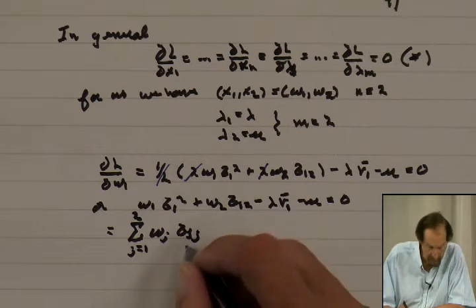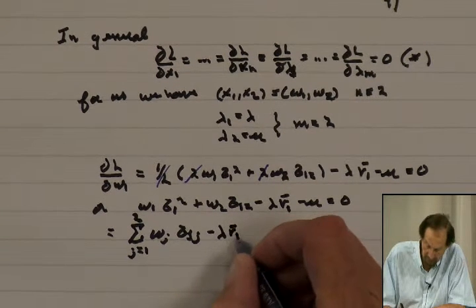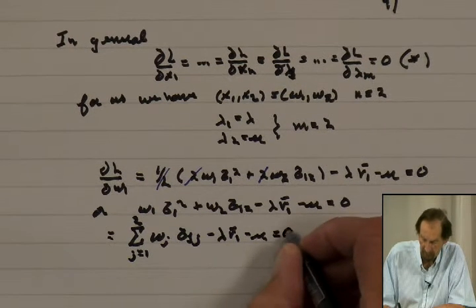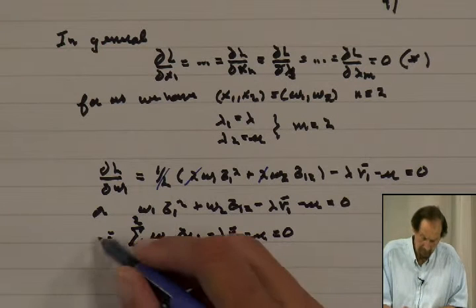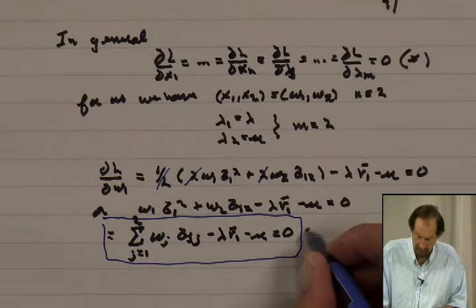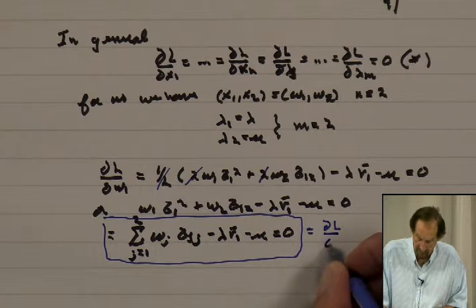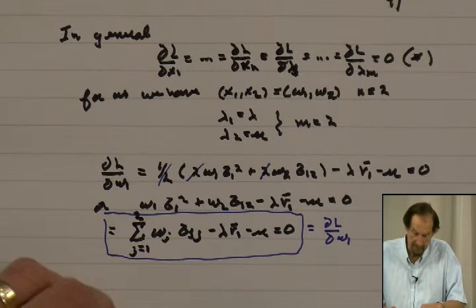Minus lambda r bar 1, minus mu equals 0. So this is our general term there. So we have this, our partial of the Lagrangian with respect to W1. Now, let's take that partial of that Lagrangian with respect to W2.